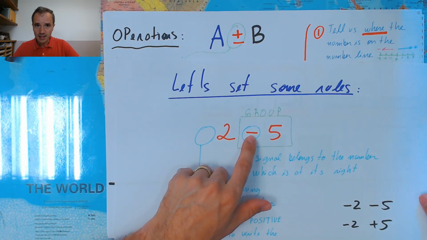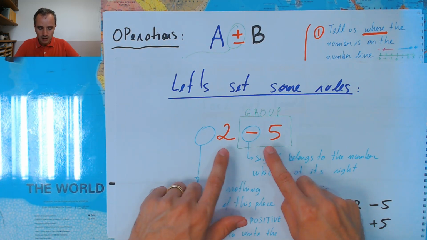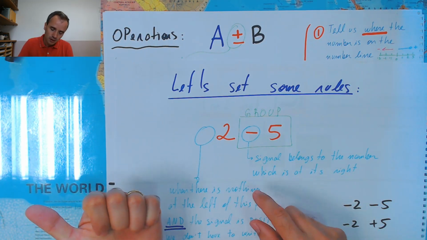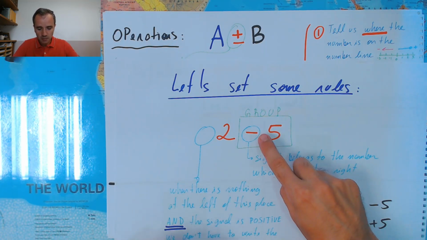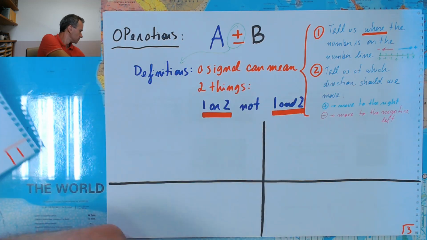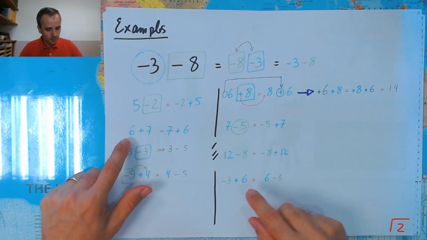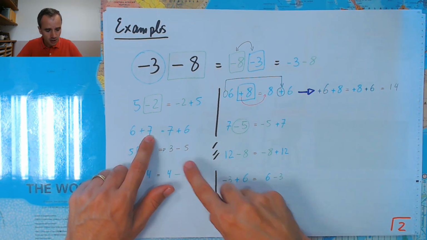When it's negative, it is telling us, please take the 2 and move to the left 5 positions. Or suppose it's positive, like this one: you start at 6 and move 7 positions to the right.